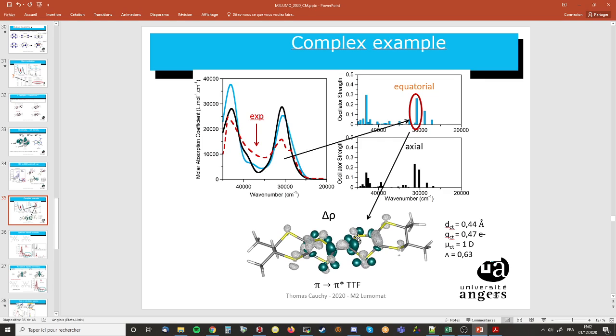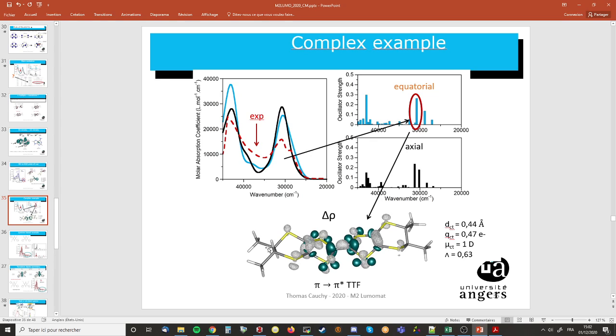Those are my 4 sulfur non-bonding or pi electrons, and they go to non-bonding sigma electrons. And here you lose density in the middle, and they go to the atoms. That means it's a pi to pi star transition. So here you have a main contribution of a pi star TTF, and you can compute the dipolar moment, which is just weaker, and you can correlate this and understand the chemistry.